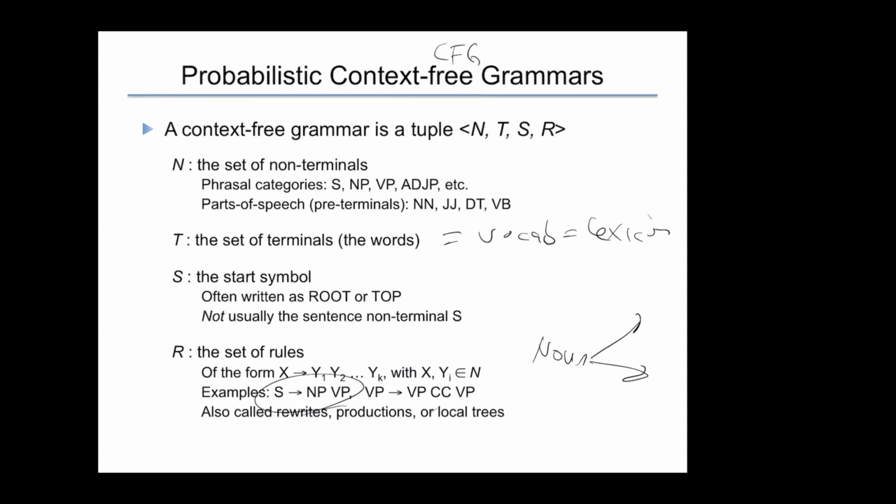So even if our vocab size is 30,000, the probability of a certain word being a noun can be 0, right? So that means the rules will be very important for transitioning from the non-terminal to the terminal as well. It's more of an obvious thing, but just to make sure that you understand that.